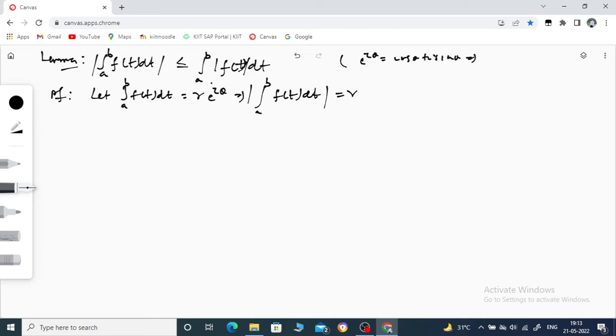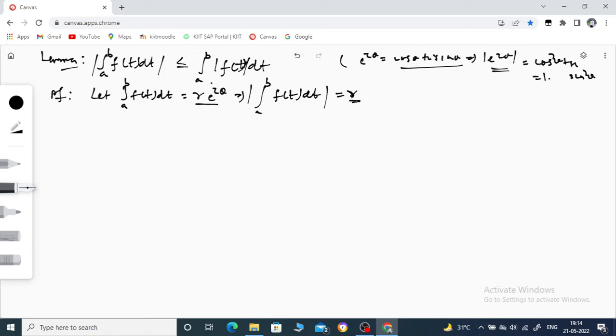Its modulus is the square root of cos square theta plus sin square theta, which is 1. So the modulus of e to the power i theta is 1, and the modulus of the right hand side is only r.